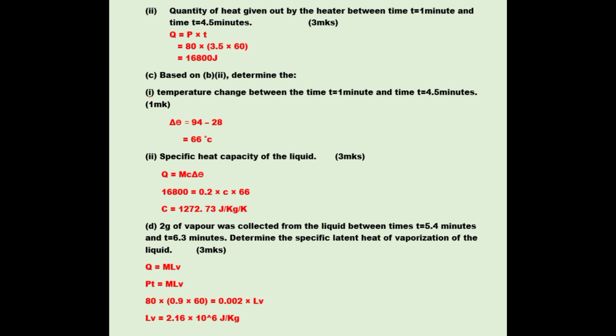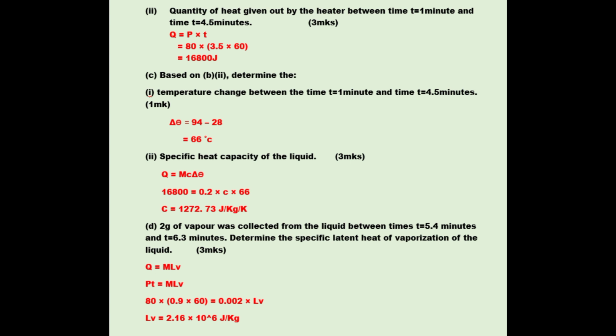That means 16,800 equals mass, 0.2. That is the mass of the liquid, because we are given it is 200 gram. So 0.2, and specific heat capacity is the one we're looking for. Change in temperature, we got it in Roman 1, 94 minus 28, which is 66 degrees.